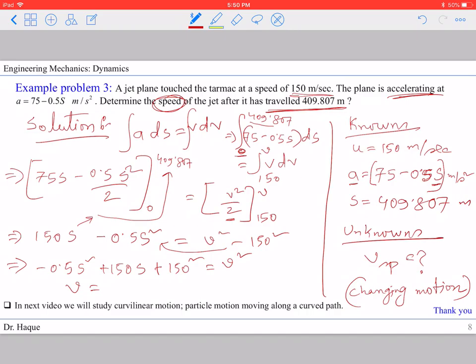So what we got is, I'm working on the calculator.